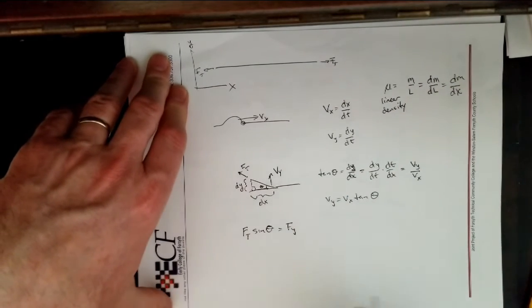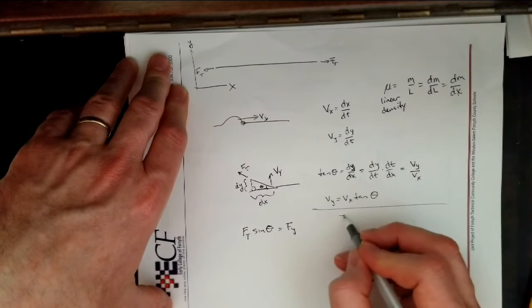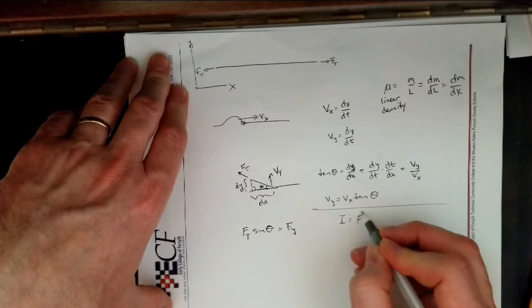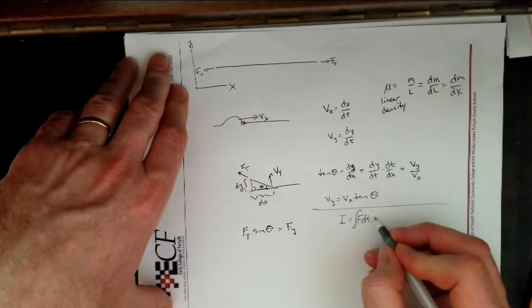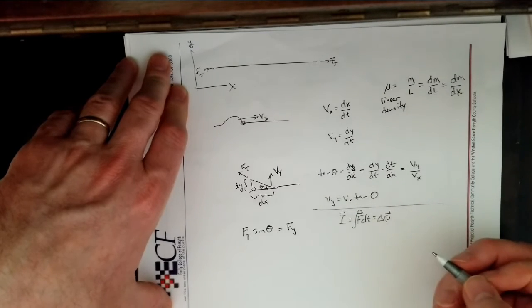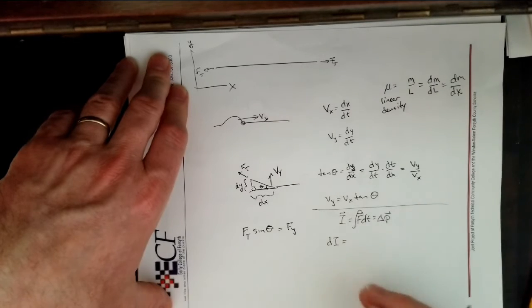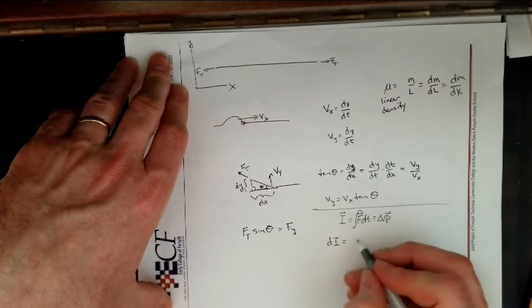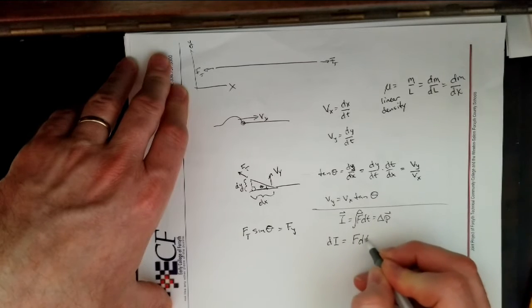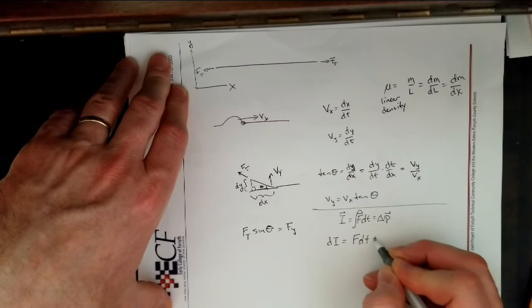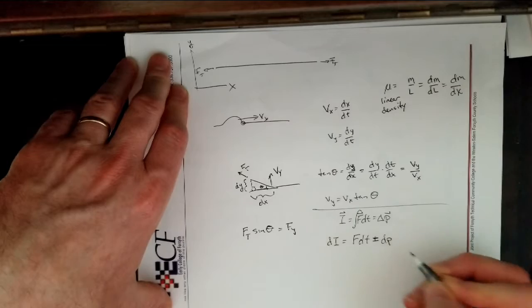So now let's take a look at the impulse. Impulse is equal to the integral of F dt. It is a vector, which is equal to the change in momentum. If we look at the differential of that, and I'm just going to drop the vector symbols for ease because I'm going to forget it at some point, that's equal to F dt, which equals dp.